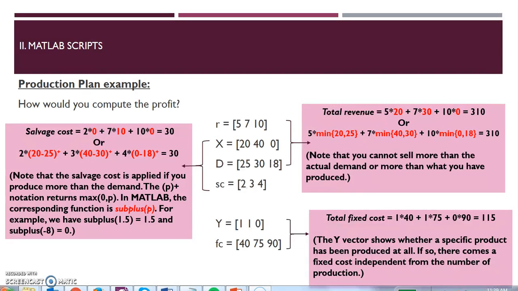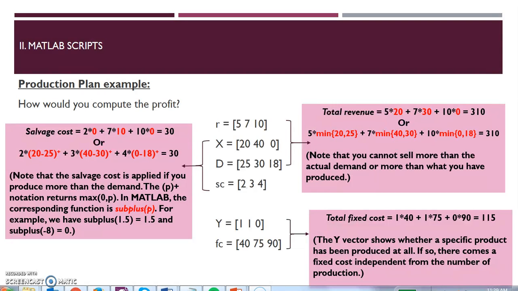Now, what is the correct mathematical expression for the computation that we just did? The key is if we subtract the actual demand from the total production for each product and the result of this subtraction is positive, then clearly we have salvage costs for that product.